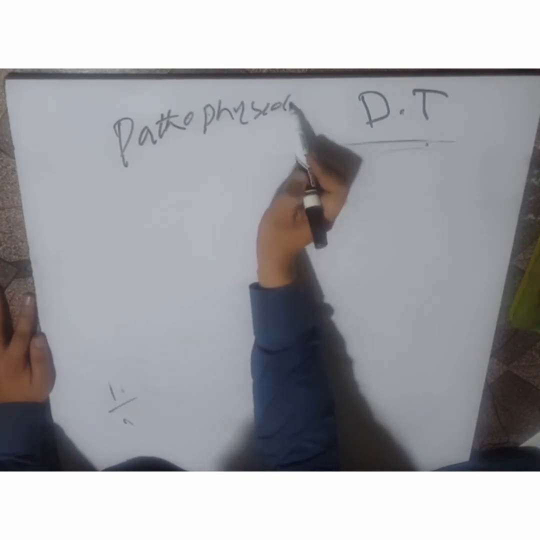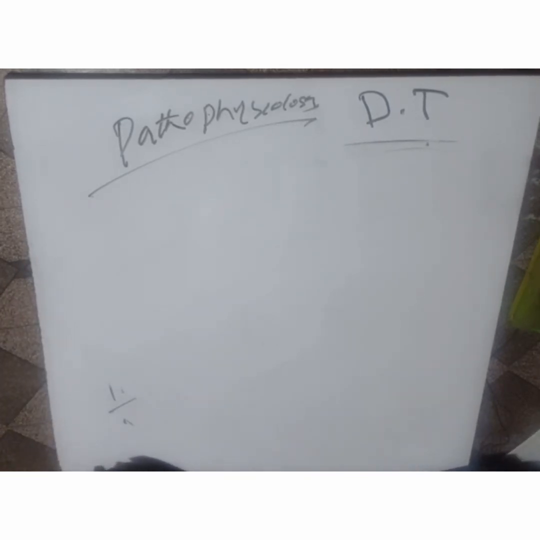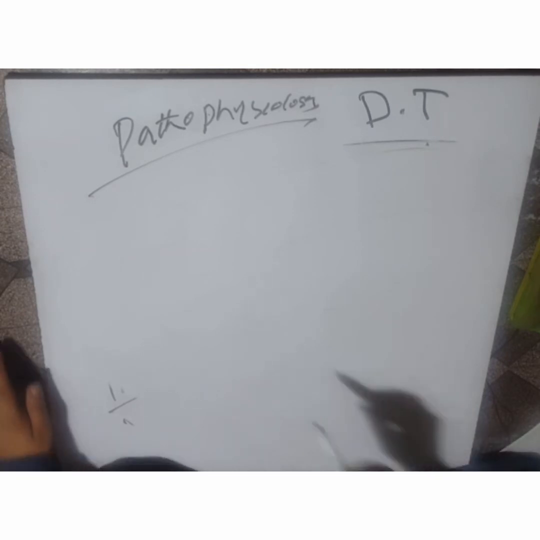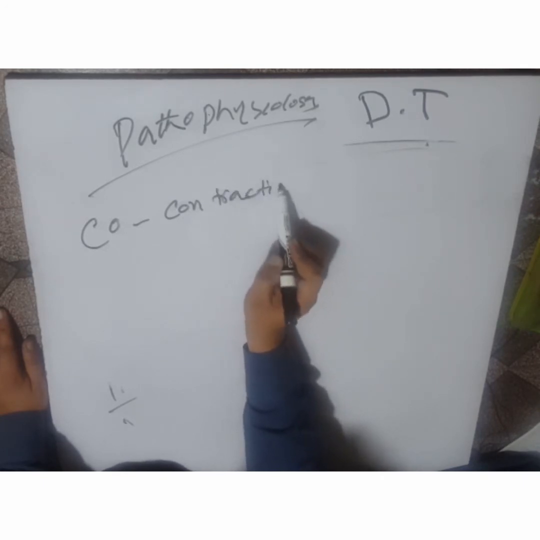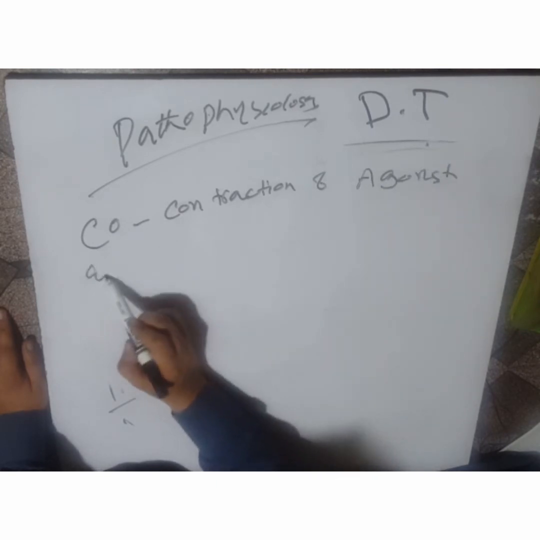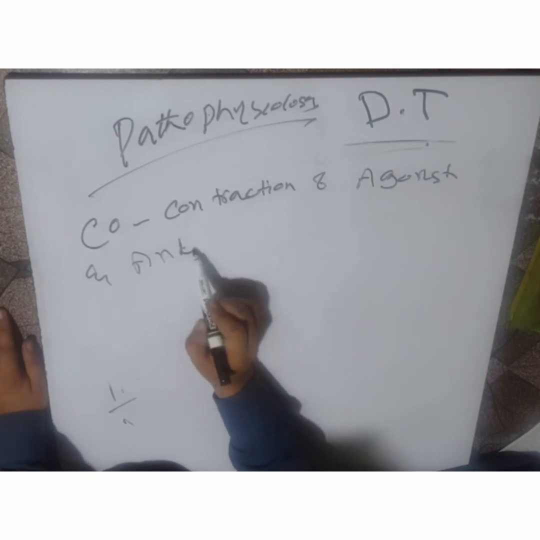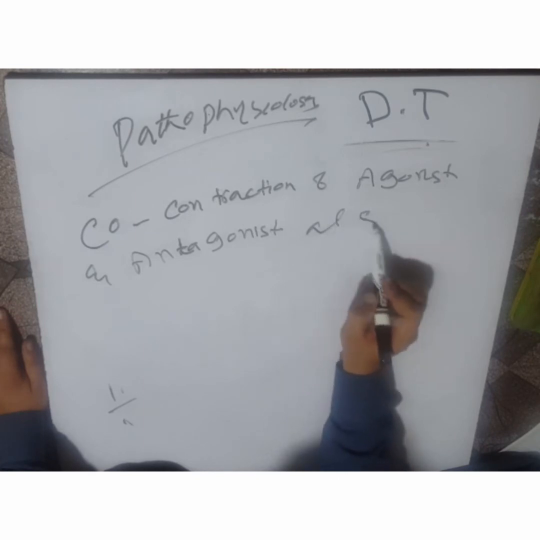The exact mechanism of dystonia is unknown, but it is suggested that in dystonia there is co-contraction of the agonists and antagonists at the same time.